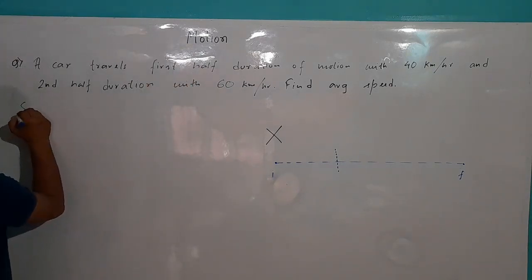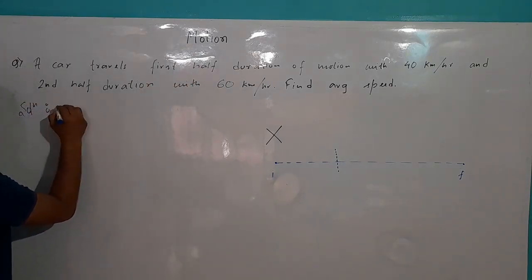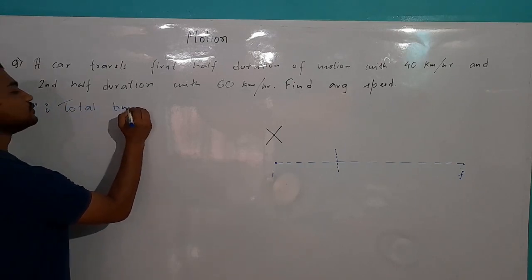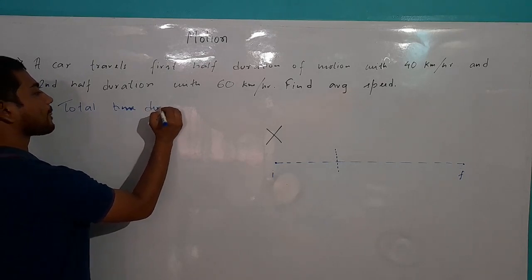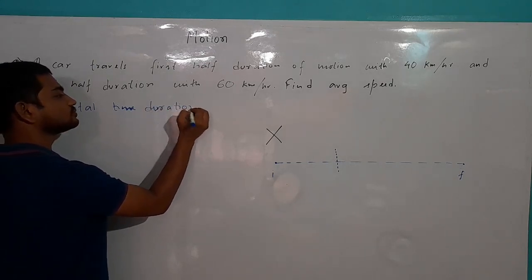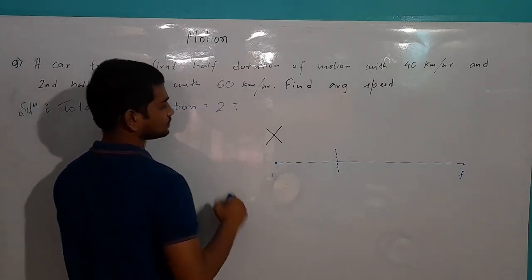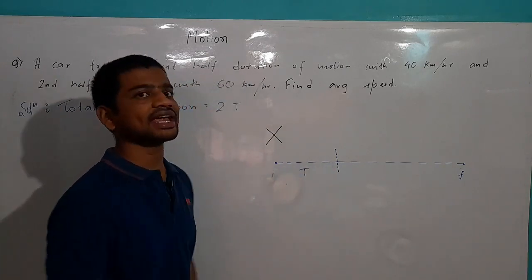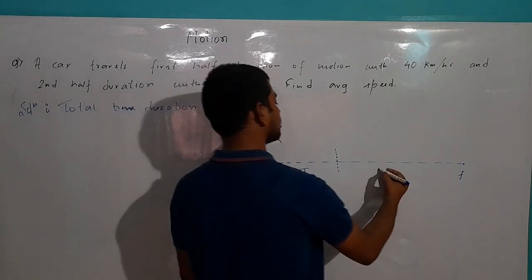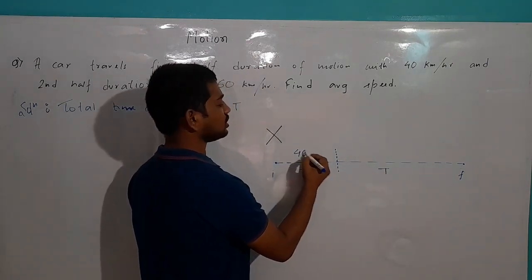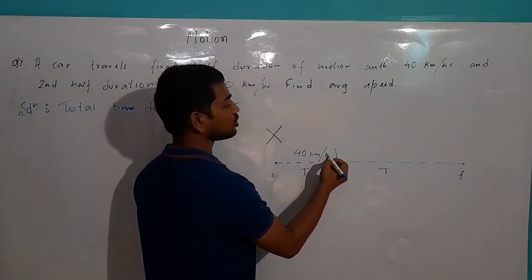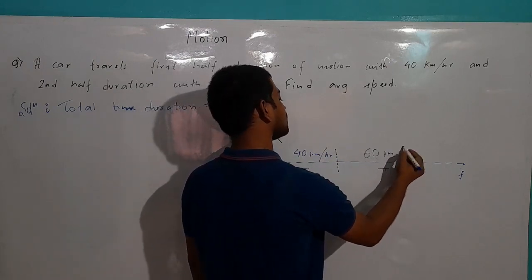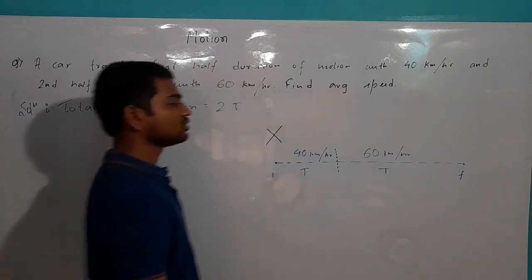So the first half duration will be t, and the second half duration will be t. In the first half he travels with 40 km per hour, and in the second half with 60 km per hour, right? So that is how things are going.